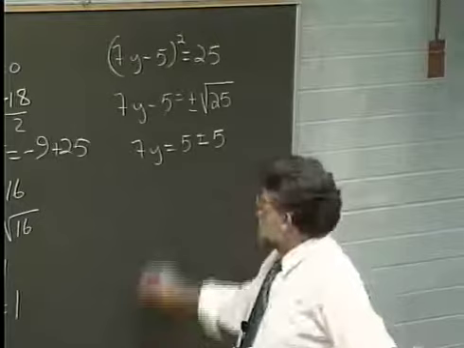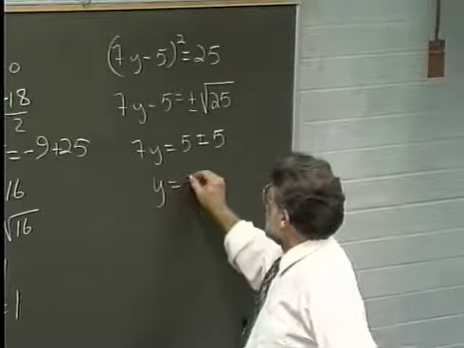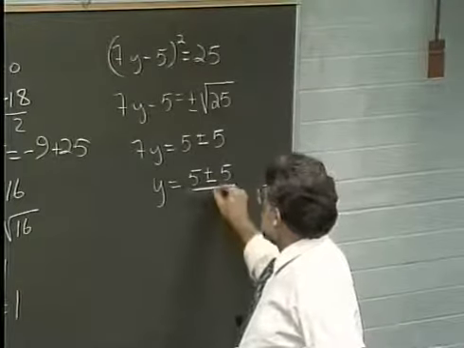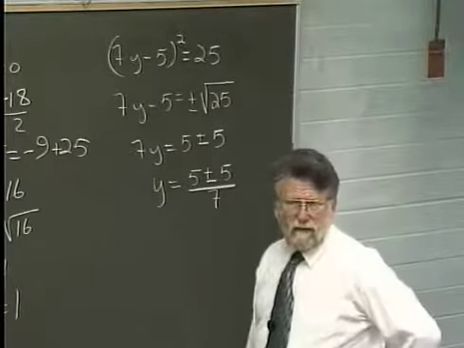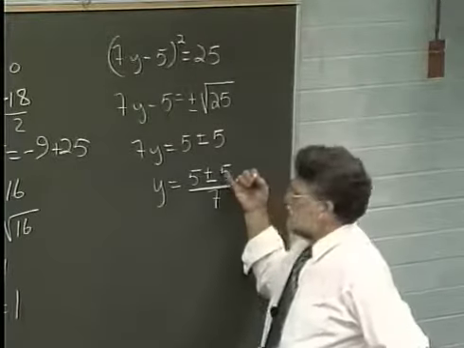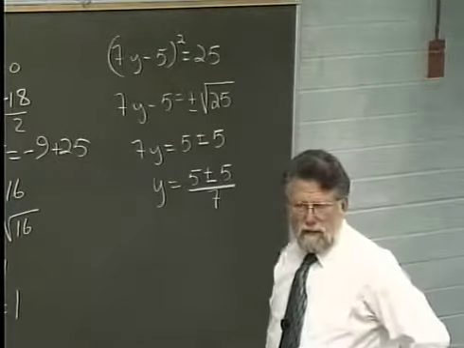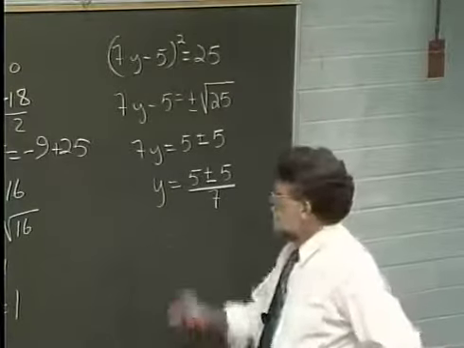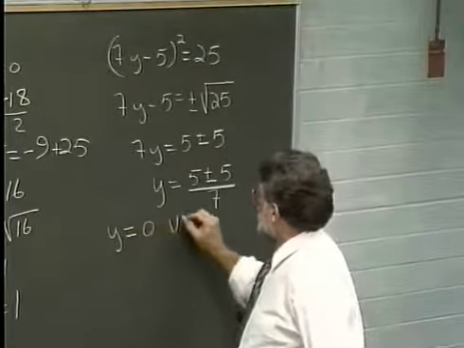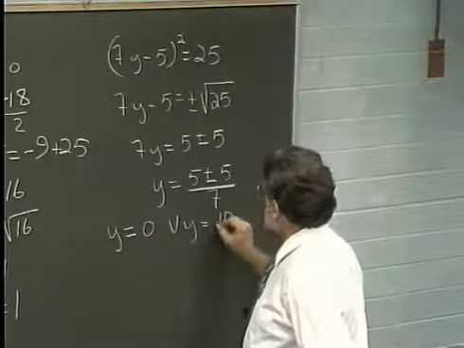And what I could argue is that y is equal to what? 5 plus or minus 5 over 7. Now, you can argue that that's 0 or 10/7. So certainly, this is the answer to this problem.